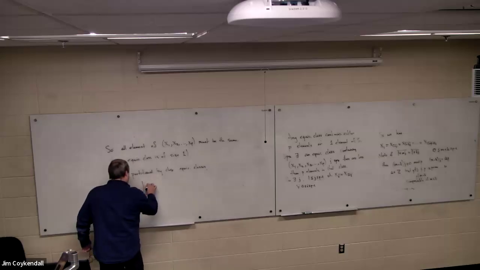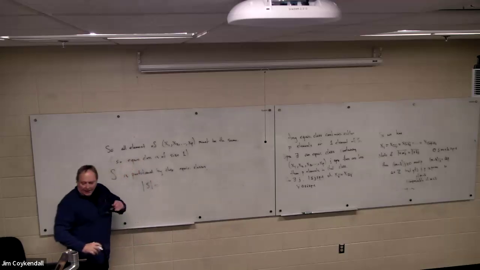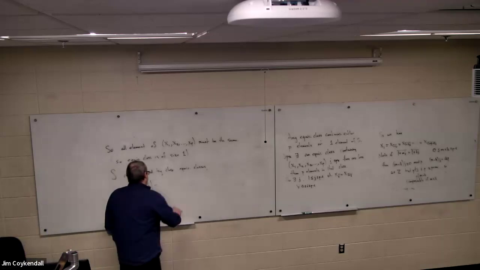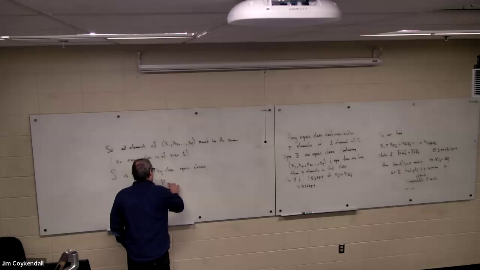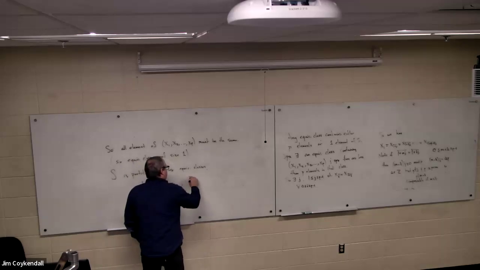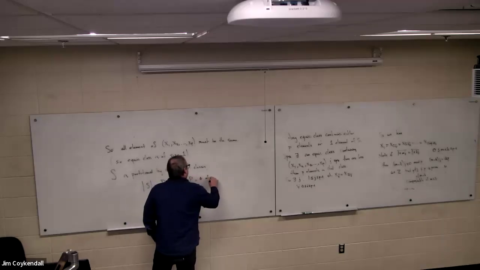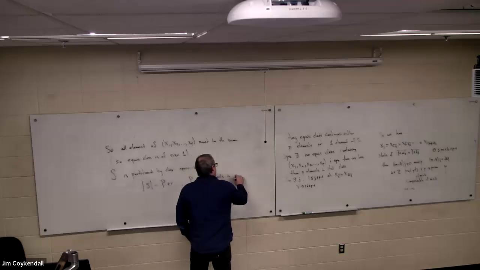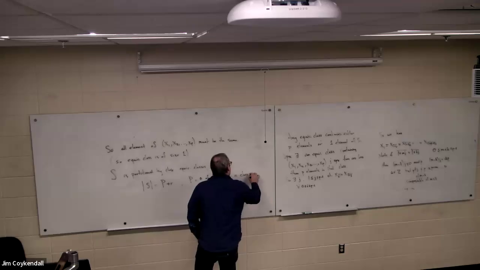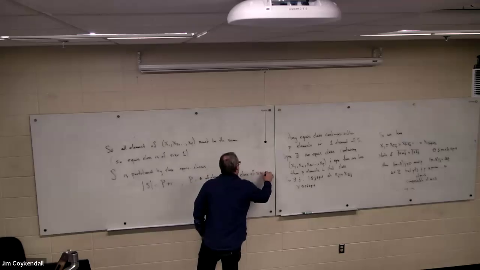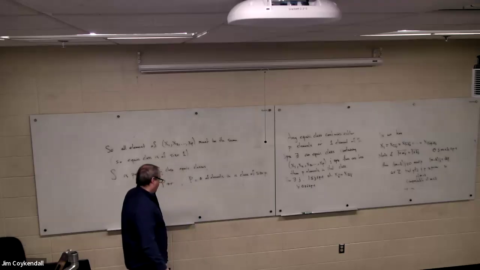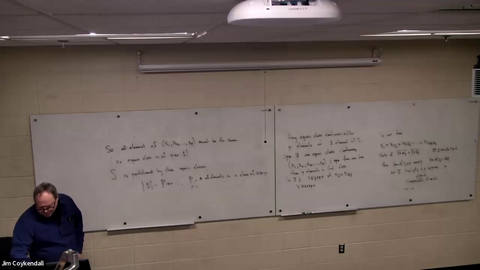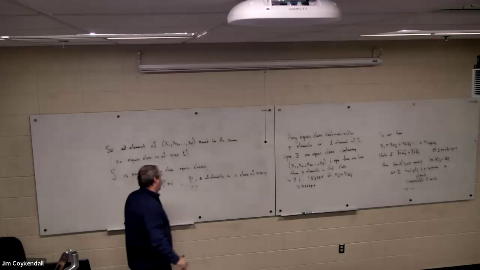So if I want to count the number of elements in S, I can write this as P times Q plus R, where Q equals the number of equivalence classes of size P, and R equals the number of equivalence classes of size 1.